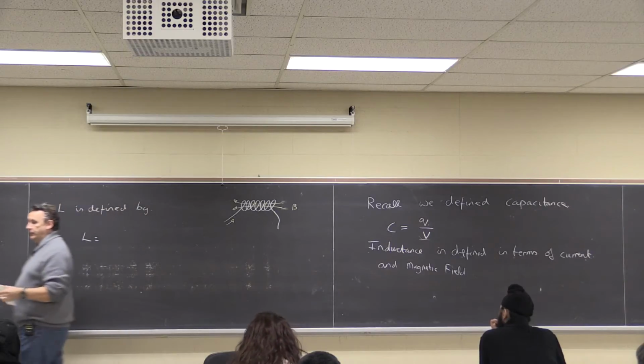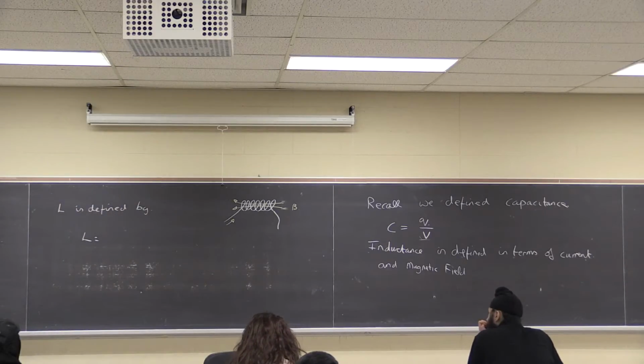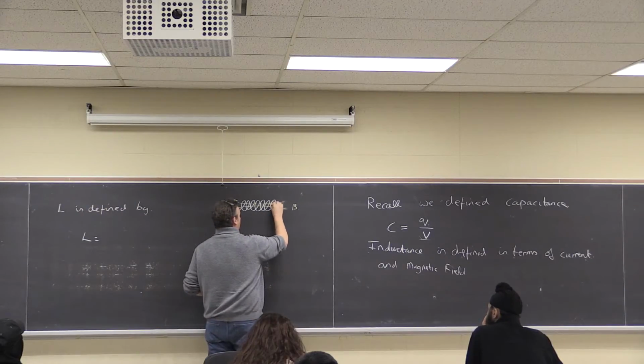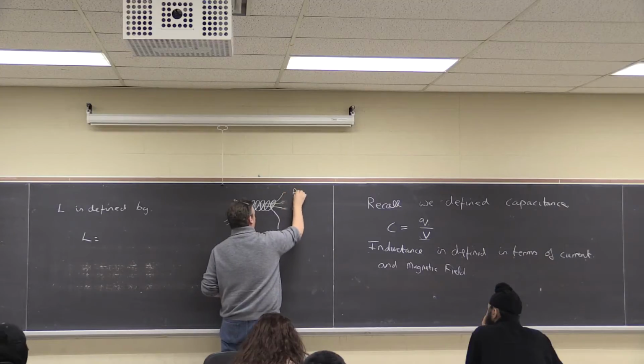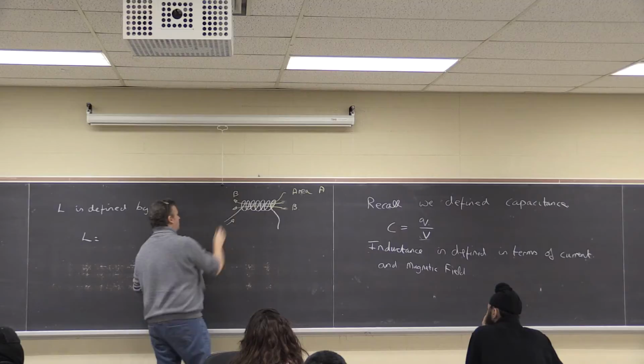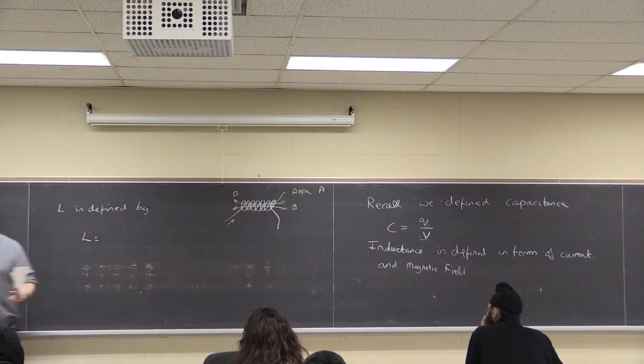To be a bit more precise, we actually look at the flux, because the solenoid is a series of little loops. Each loop has got a cross-sectional area. If I take one of these loops and it's a circle, I know the area, and I know the B field, so I know the flux.